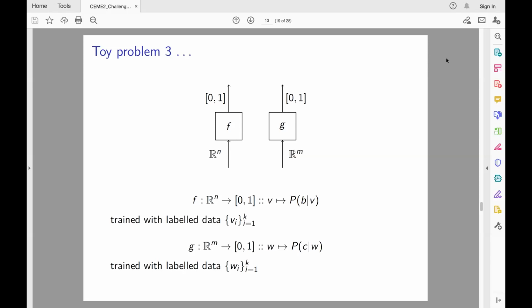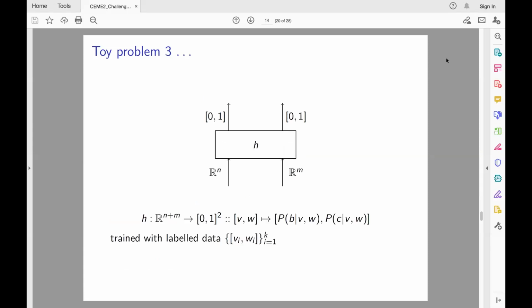And on the right hand side, G takes in a vector of data and gives you back a probability of, for example, hearing a child's voice, given that value. And each of those classifiers is trained on different data sets. So one set of vectors in the visual domain, one set of vectors in the audio domain.